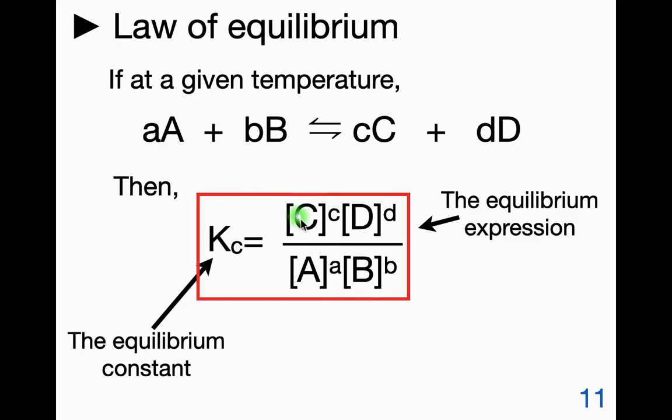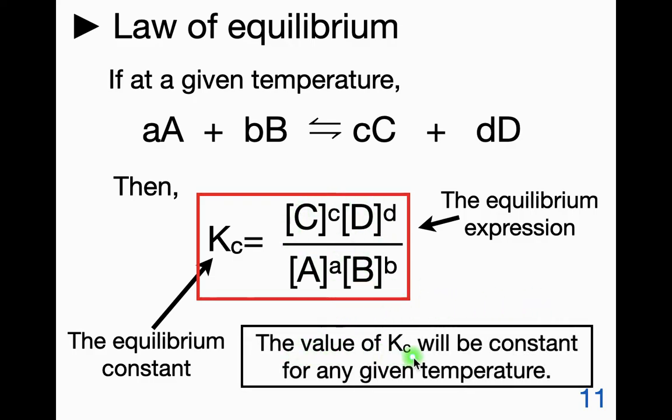So the concentration of C raised to the power of c, whatever the coefficient is in the balanced equation, times the concentration of D raised to the power of d. Those are the products in the numerator, and exactly the same idea for the reactants, which are in the denominator. We'll do some practice problems on this in a bit.